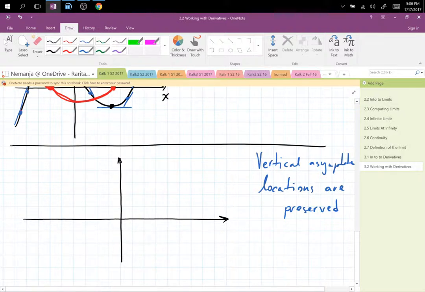So that means that if the function had a vertical asymptote at 1, the derivative must have the vertical asymptote also at 1. So let's have an example that has that as well.